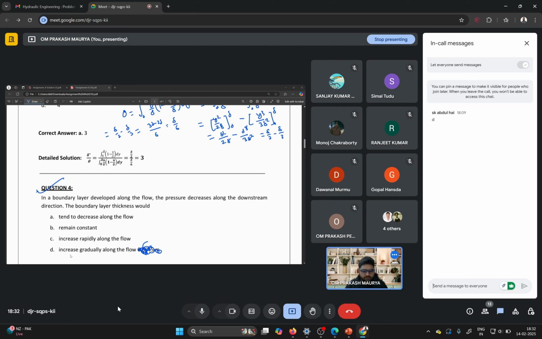For question number 4, everyone please try to give the answer. Here there is no calculation, but you have to think about why, if the pressure decreases, then what should happen with your boundary layer thickness.